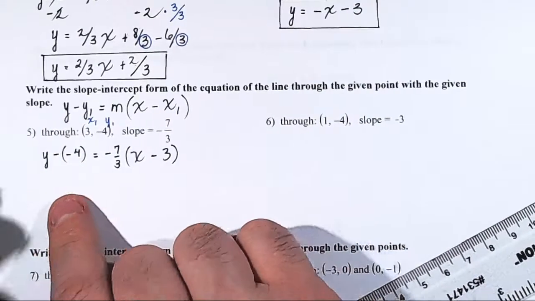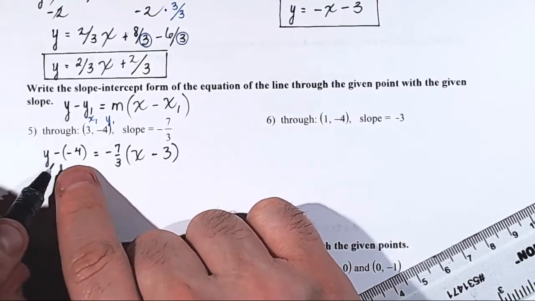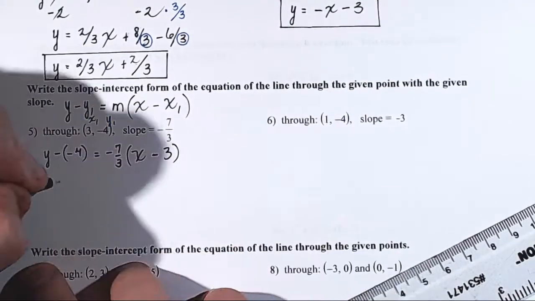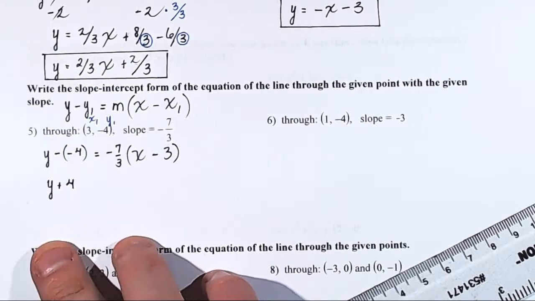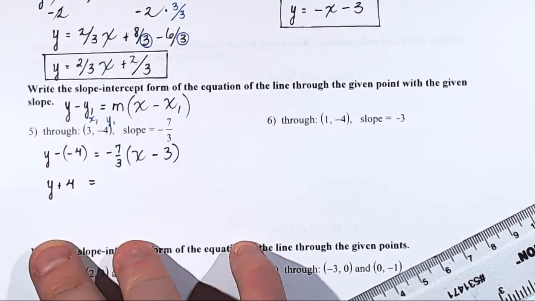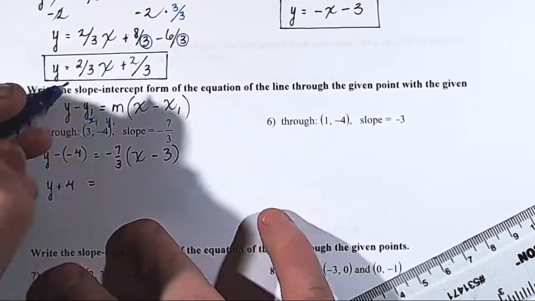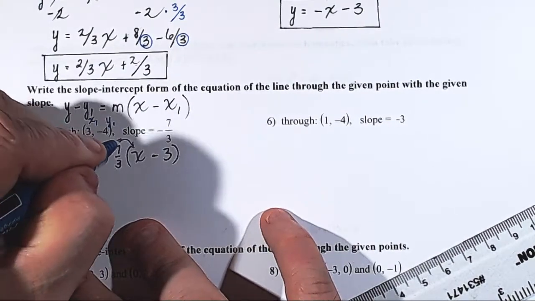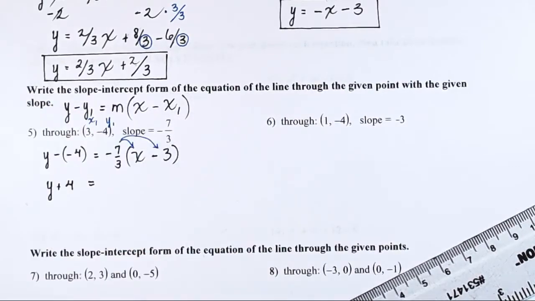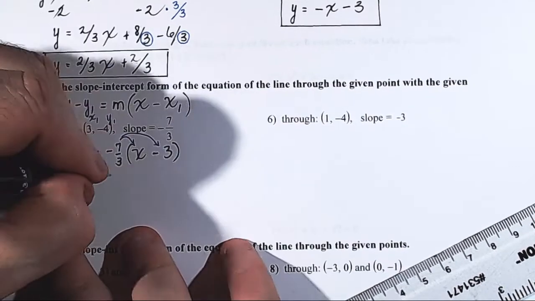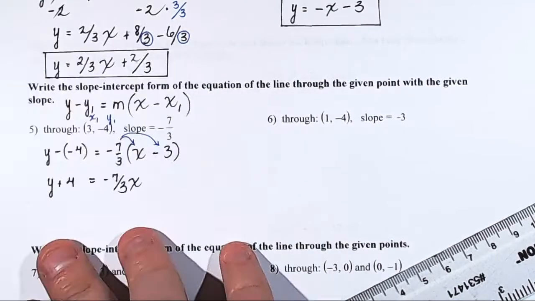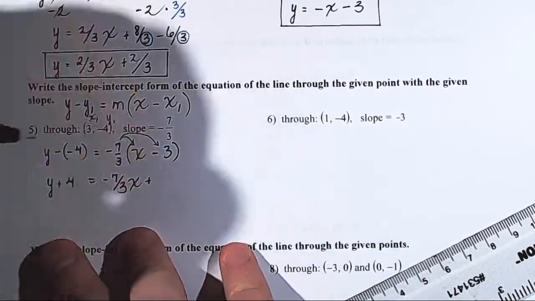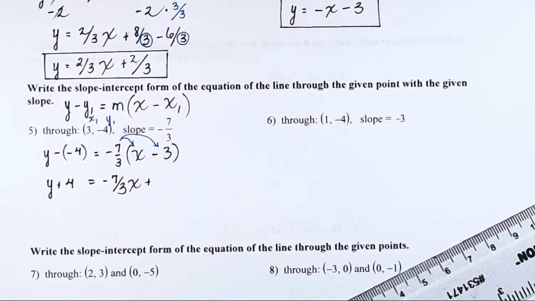So back here, a negative and a negative make a positive. So I have y plus 4 equals, okay, I'm now going to distribute -7/3 through the parentheses. -7/3 x plus, and now I have -7 times negative 3.